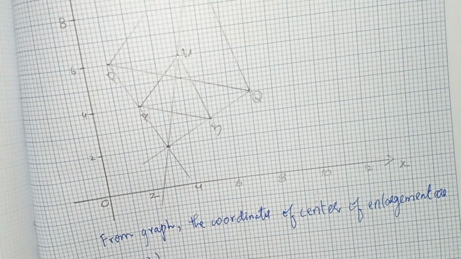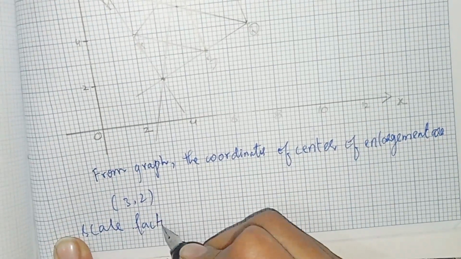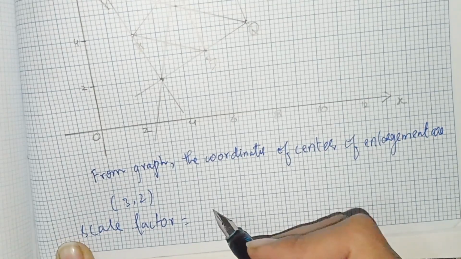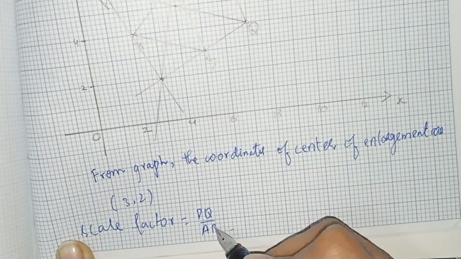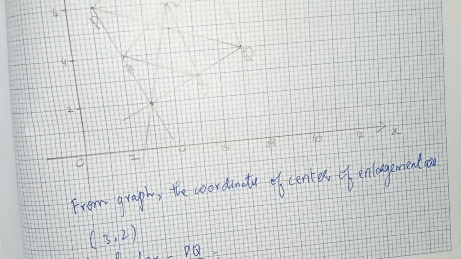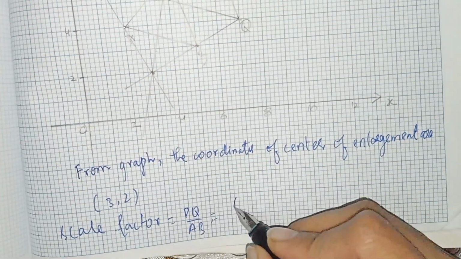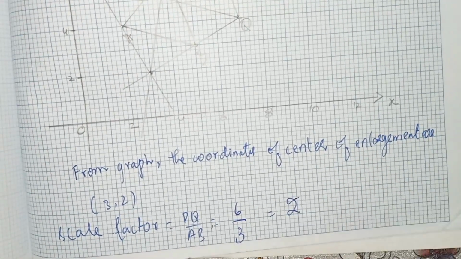Now we have to find the scale factor. Scale factor is the length of the image, which is PQ, over the length of the object, which is AB. Now students, PQ is equal to 6 and AB is equal to 3, and by dividing it we get 2.